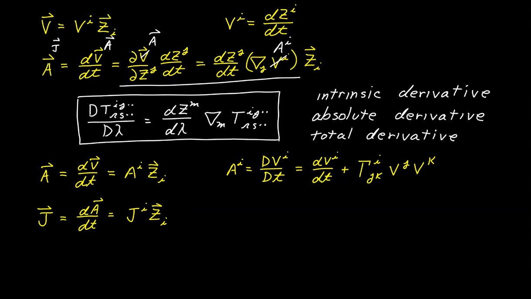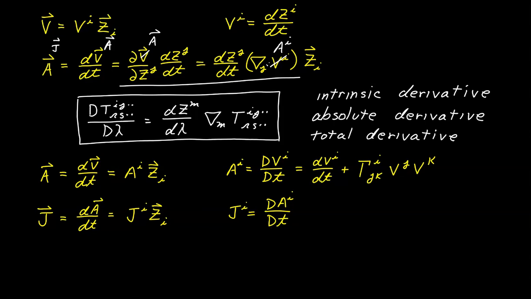In other words, we're led directly to the result that our vector component for the jolt is going to be the intrinsic derivative of the acceleration component with respect to time. We don't need to keep redoing this analysis each time. We just take the next order of the intrinsic derivative.